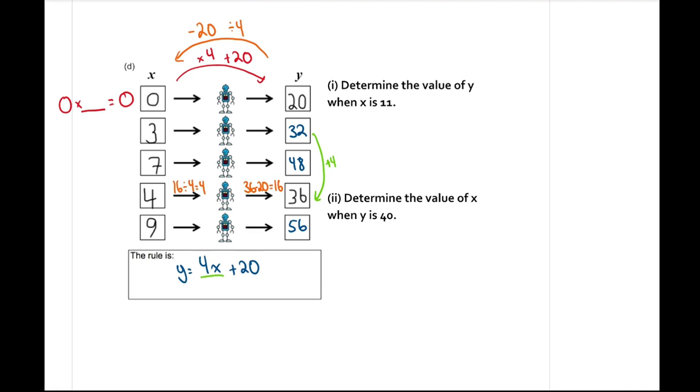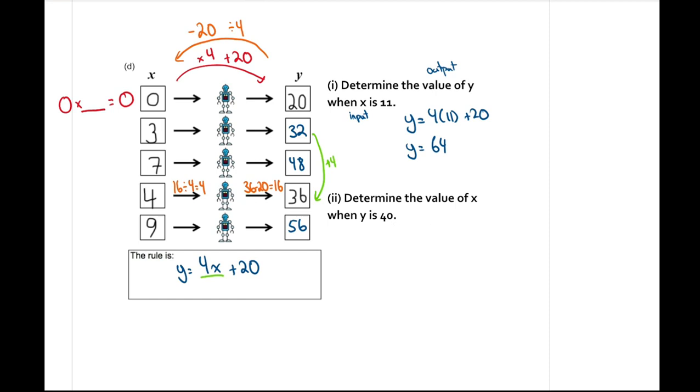Or in other words, what is the output when the input is 11? If you want to use the table and use your rule, you can. If you want to use the formula, y equals 4 times 11 plus 20, you can. Either way, you're going to come out to the same answer, which is 64. 4 times 11 is 44, plus 20 is 64.